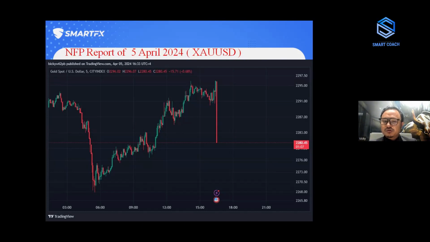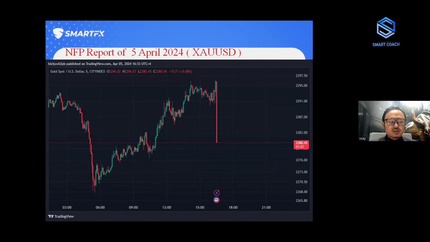If gold goes up, the dollar goes down. If the dollar goes up, gold goes down. At that point in time, the NFP data was in favor of the dollar, because there was more employment. So definitely the US dollar went up and gold went down. You can see the huge, gigantic red candle going down.